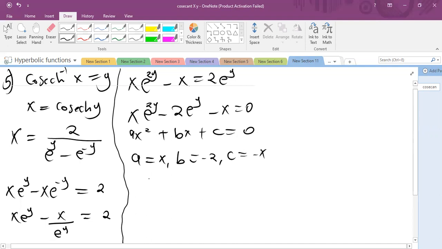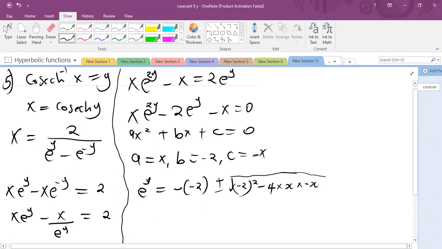So replacing into our quadratic formula, we have e^y will be equal to minus b, so minus minus 2, plus or minus the square root of b squared, that is minus 2 squared, minus 4 times a times c, which is x times minus x, because the value of c is minus x.